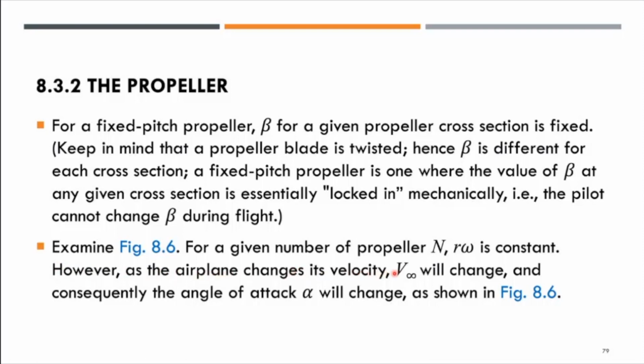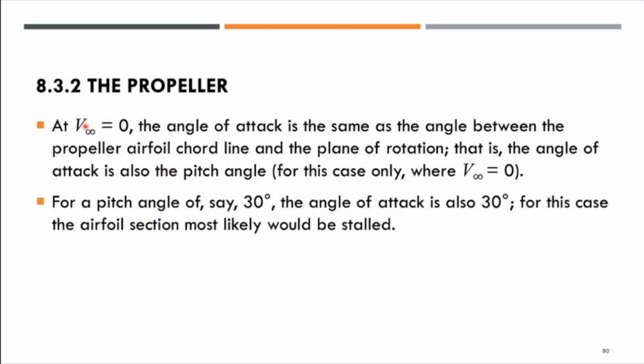Examine figure 8.6. For a given number of revolutions N, the R omega is constant, however as the airplane changes its velocity, V infinity will change, and consequently the angle of attack alpha will also change as shown in figure 8.6 earlier. At the position of V infinity equal to 0, the angle of attack alpha is the same as the angle between the propeller chord line and the plane of rotation.